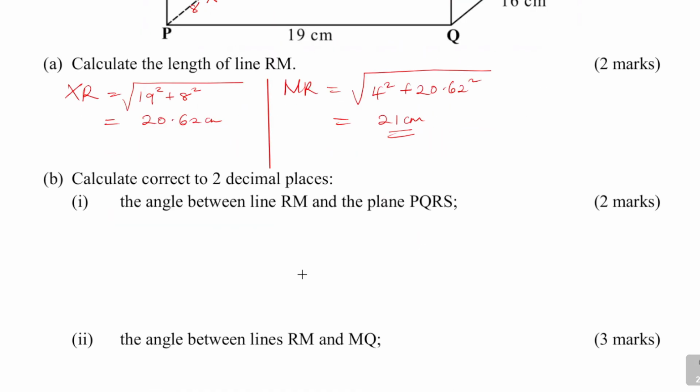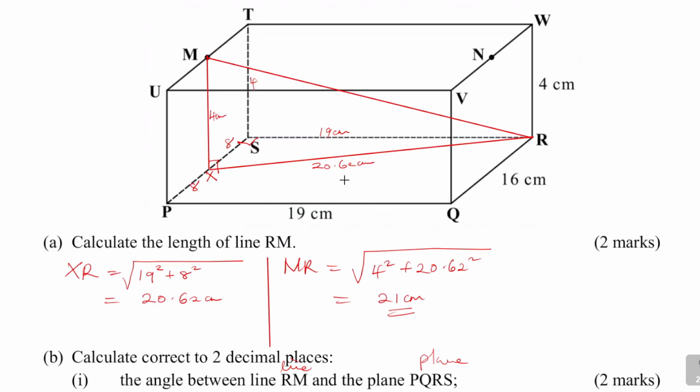Part B, calculate correct to 2 decimal places. 1, the angle between RM and PQRS. Now this is the angle between a line and a plane. In this case, the line is RM, then the plane is PQRS. So let us identify RM.